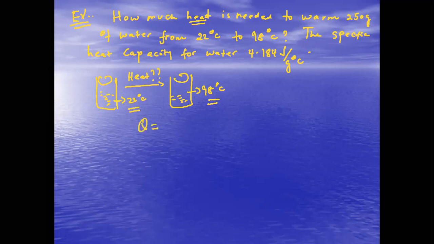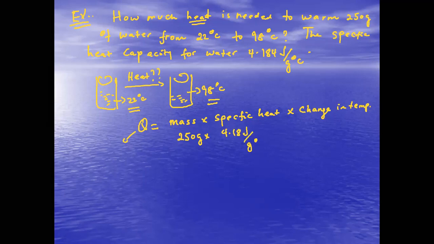In that regard, we have our formula, Q. The Q can be heat lost or heat gained. It's going to be mass times specific heat times change in temperature. The mass is 250 grams. The specific heat of water is 4.18 joules per gram per degree centigrade.